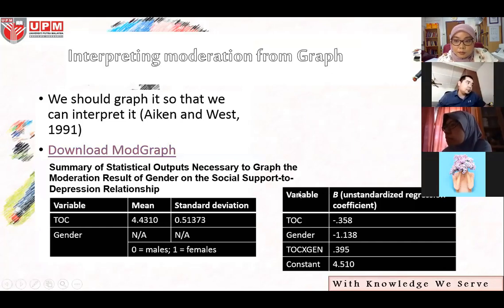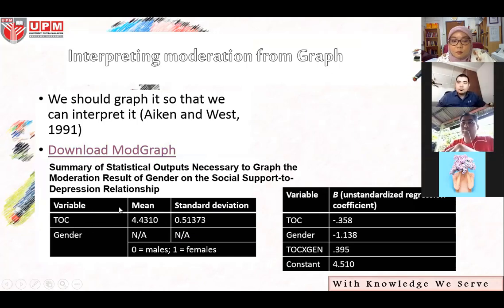Before we go through the graph, these are the values that we need to extract from our output, sorry, not from the data set, from the output earlier. What we need is the mean for task-oriented coping and the standard deviation. This one you should get when you run the descriptive statistics.